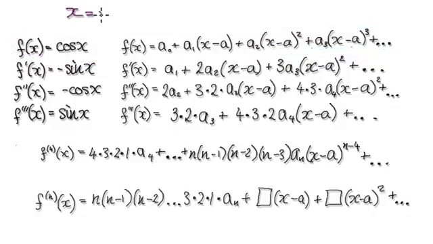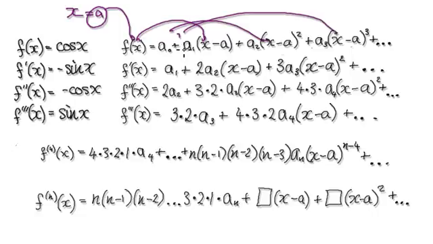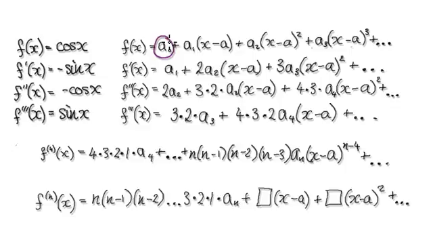If you put a into here, a into here, a into here, all these terms disappear. So your coefficient a sub 0 would be f of a, f evaluated at a.